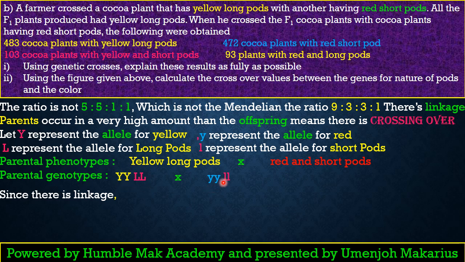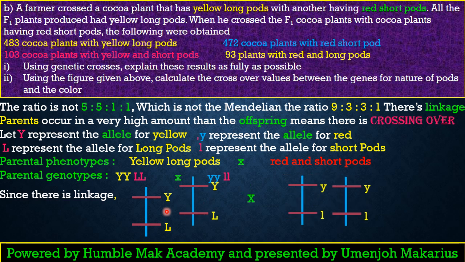Okay. Then now, guys, since we earlier said that there is linkage, it means that we have to put each of these genes in linked traits. So in that case, guys, we are going to take capital Y, capital L and put it on a locus. So we insert capital Y, then we have capital L down here.